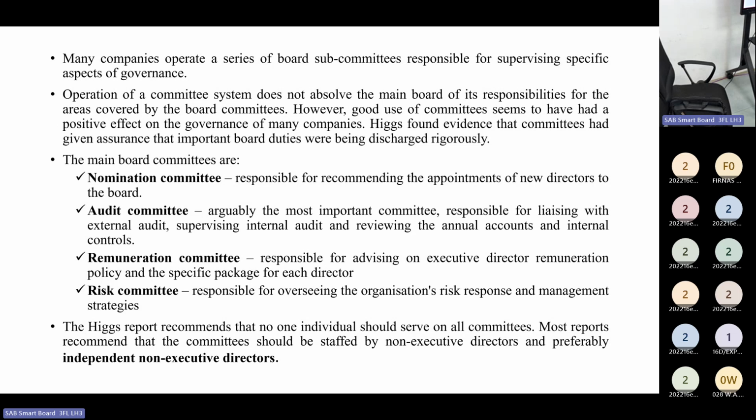You have to have a mix of directors seated in these committees. And when you are selecting, preference is always given to non-executives. Even among non-executives, they should be independent non-executives.